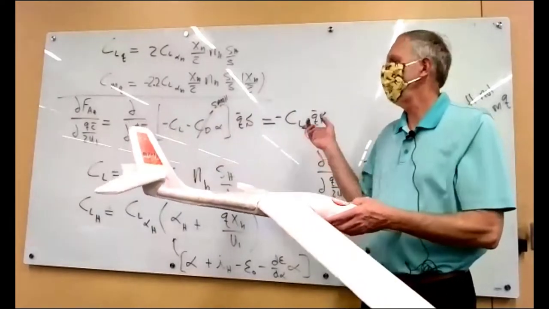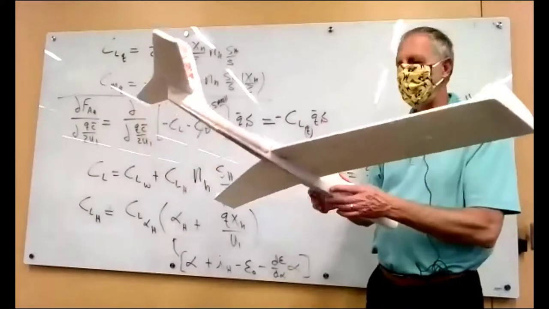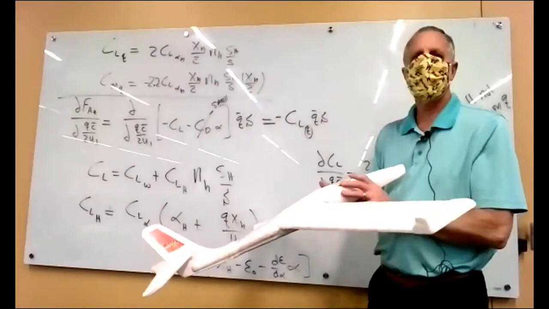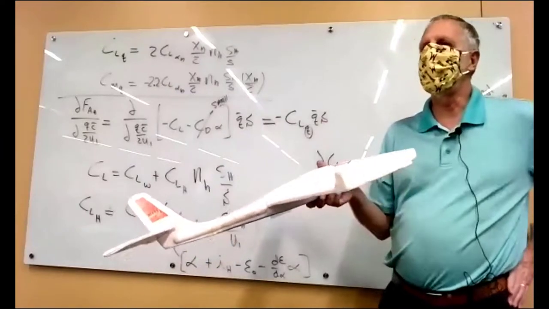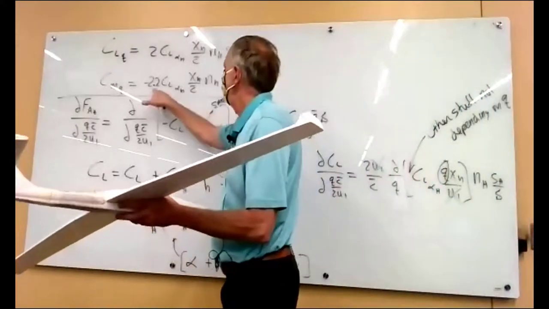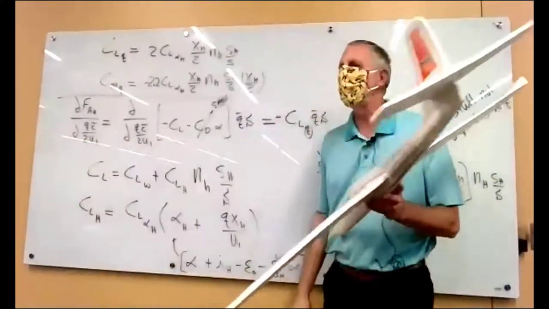And so that 0.2 is a fudge factor that fits experimental data. You like that? So they just, not arbitrarily, but based on experiment, the little bit of wing effect adds that extra 0.2 for most airplanes.